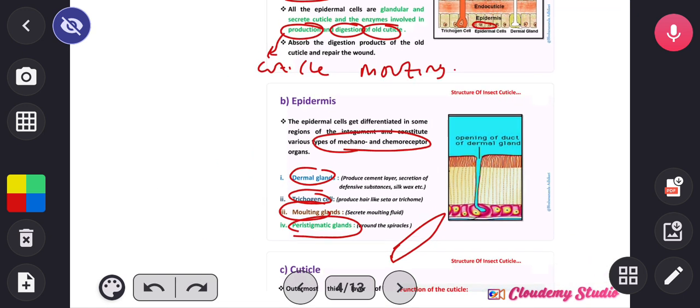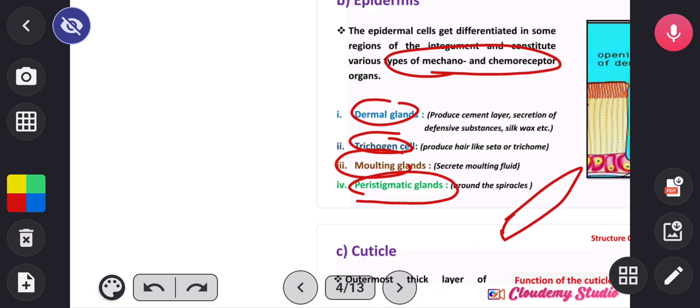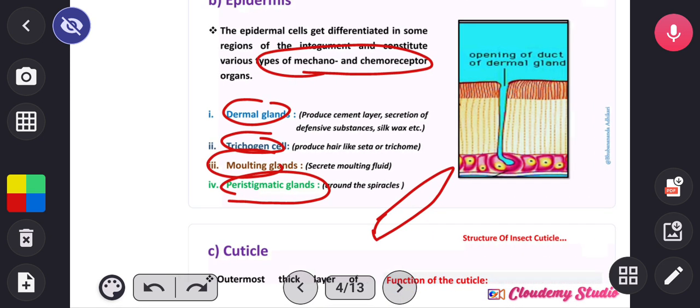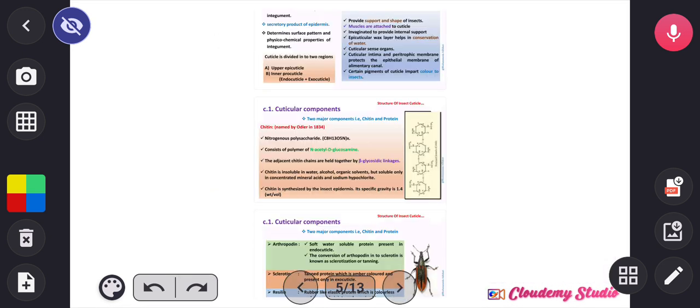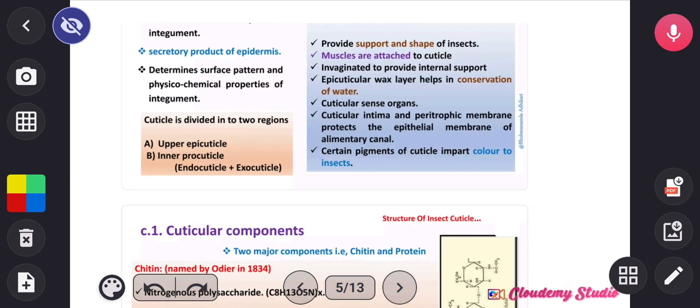Now, the next thing is the cuticle, which we want to talk about itself. The cuticle is the outermost thick layer of the integument, or the outermost thick layer of the exoskeleton, and it is the secretory product.